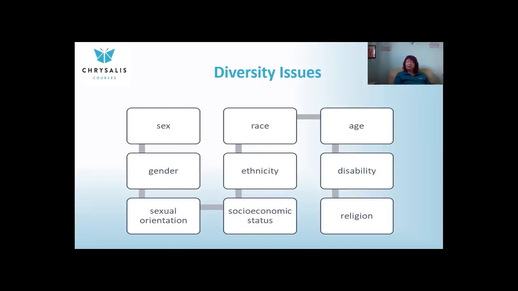So we should never minimise cultural differences, but on the other hand, we don't want to overemphasise them either, because if we overemphasise them, then it can make it difficult to find any common ground on which to build the therapeutic relationship.